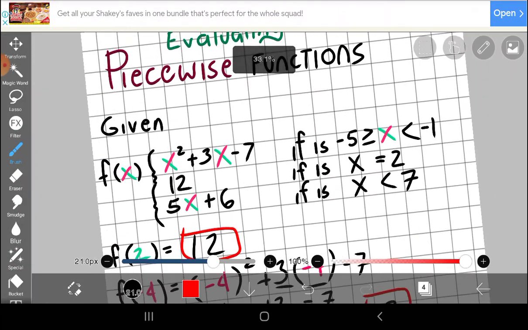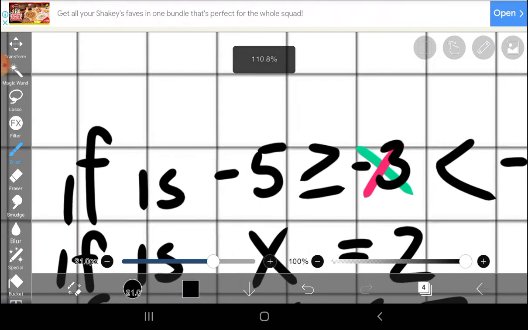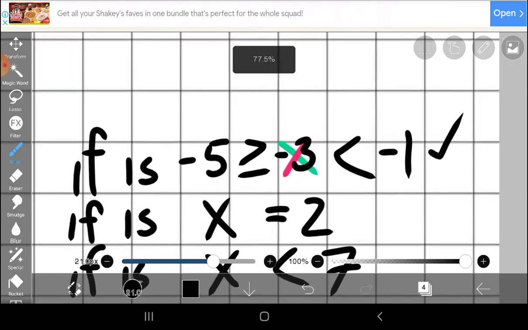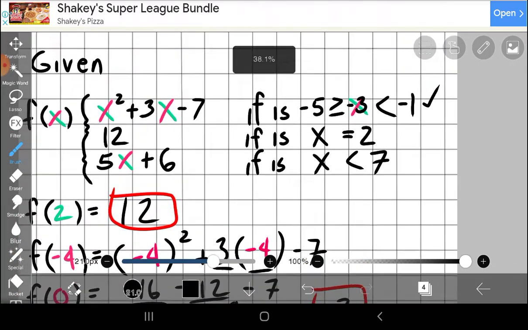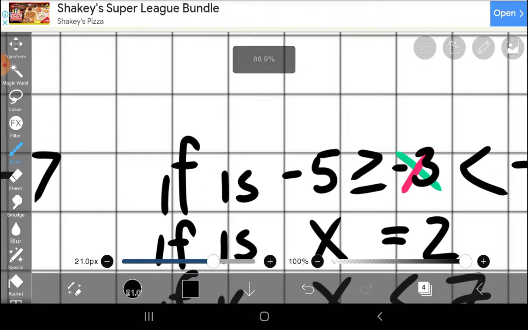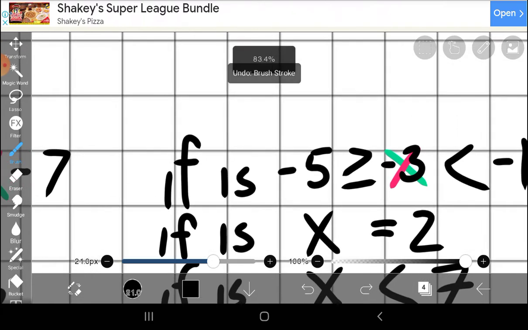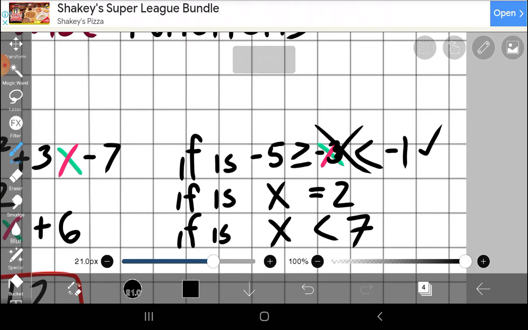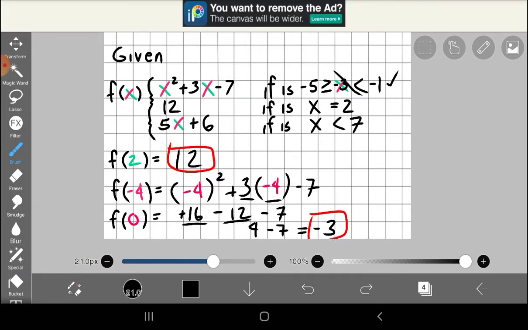Negative 3. So let's put negative 3 here. It is lower than negative 1. And it's not higher than negative 5. Negative 5 should be higher. So it's wrong. So walang sagot si 4.